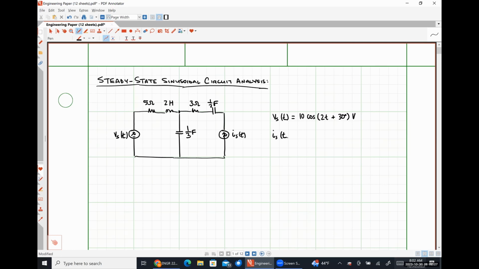And let's define Is of t to be 0.8 sine of 2t plus 60 degrees amps. And our ultimate goal in this particular problem will be to solve for this capacitor voltage as a function of time.